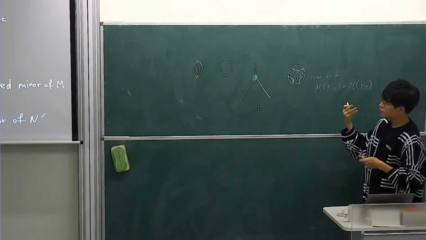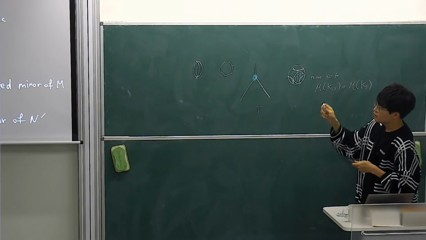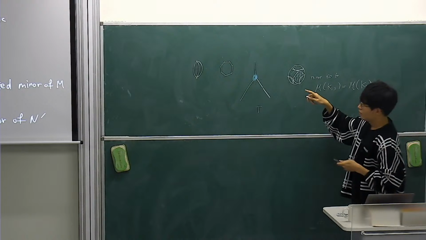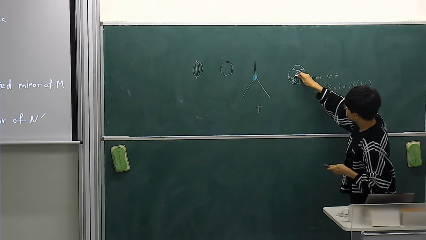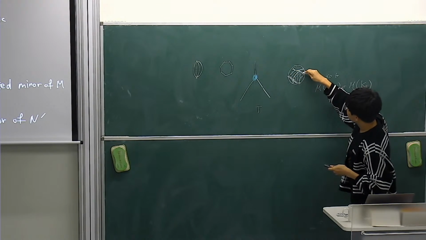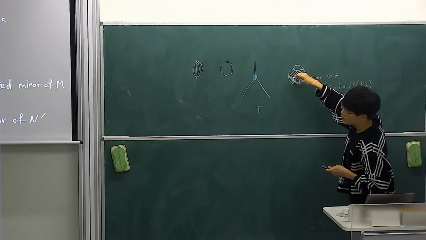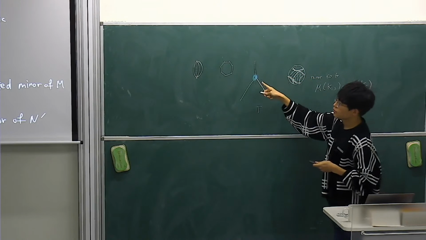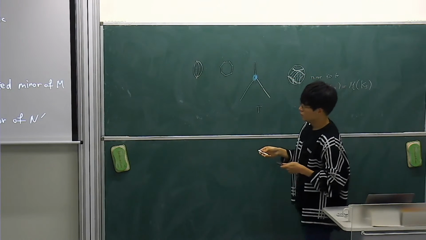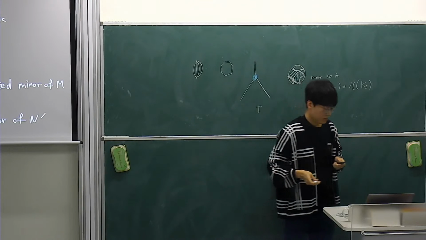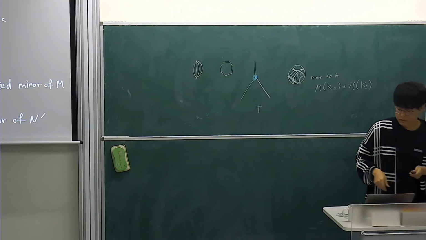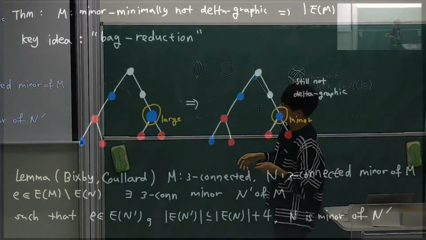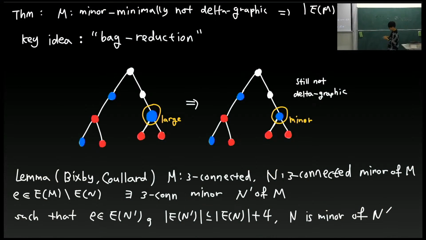I don't want this situation. So by using this lemma, we want to extend from this matroid more and more, so that the extended matroid contains all of the elements corresponding to the edges of the tree. So you can do it like this. This is the rough idea of bag reduction.